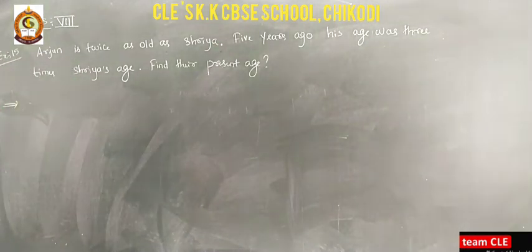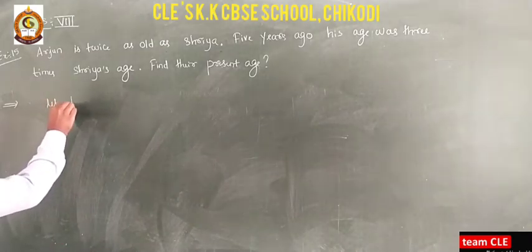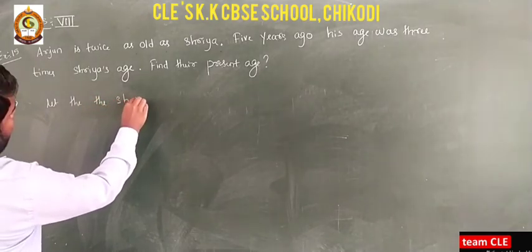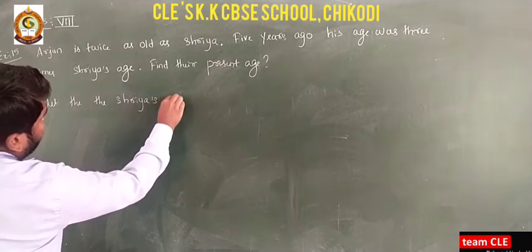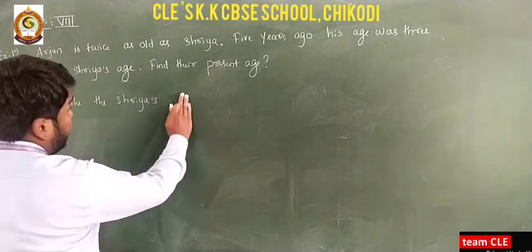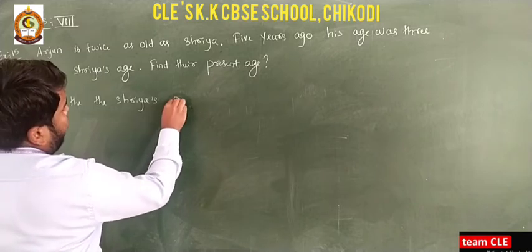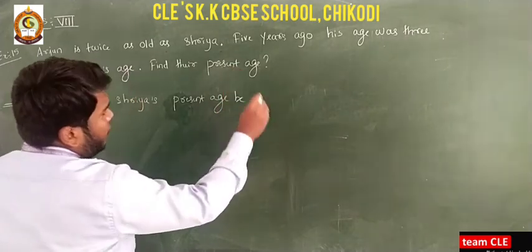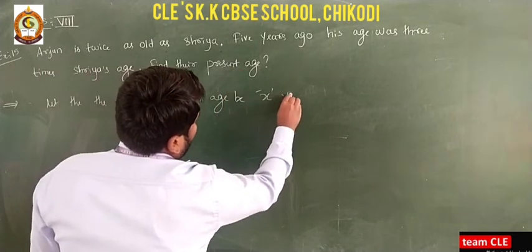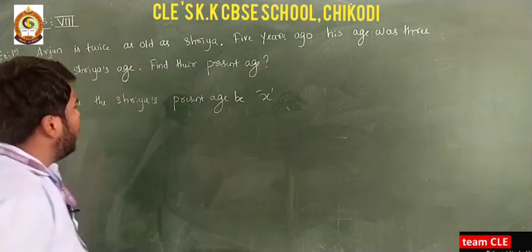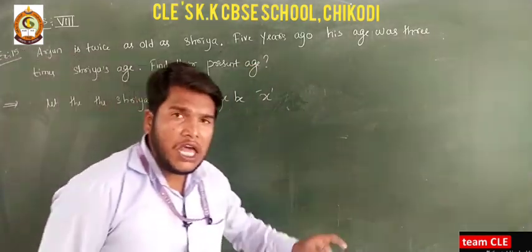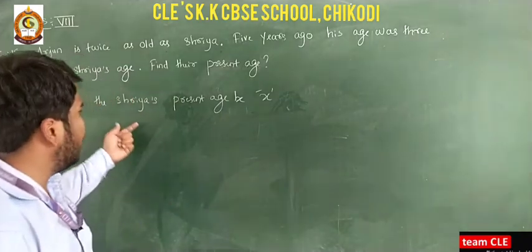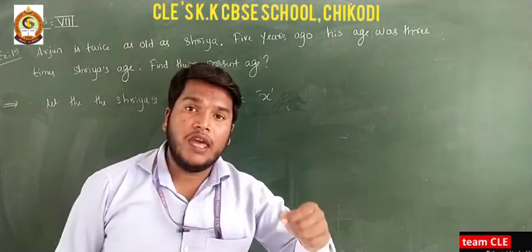Let Shreya's present age be x years. We actually don't know Shreya's present age, so I write the given thing as: let Shreya's present age be x years.